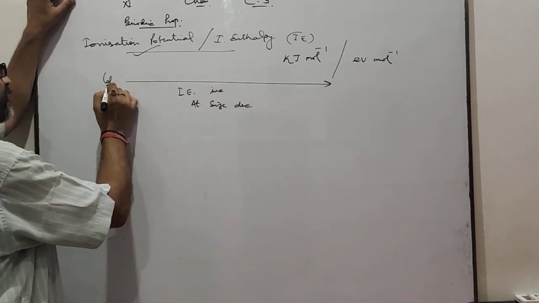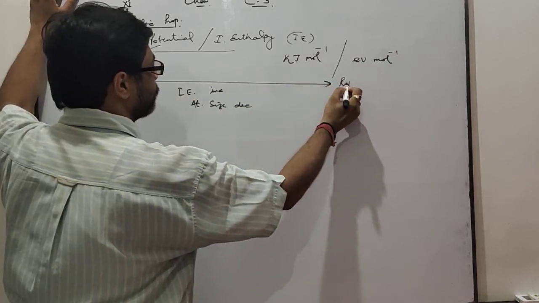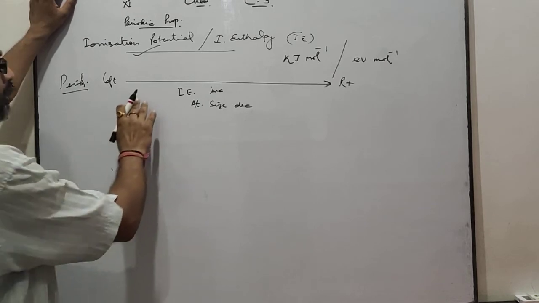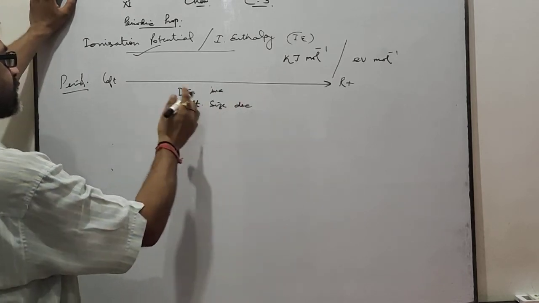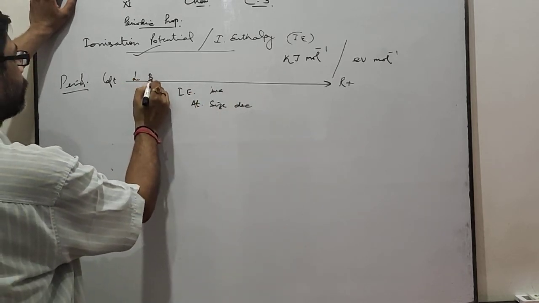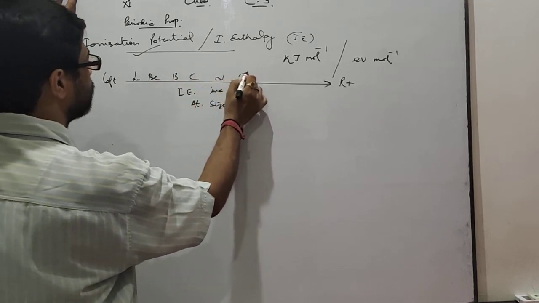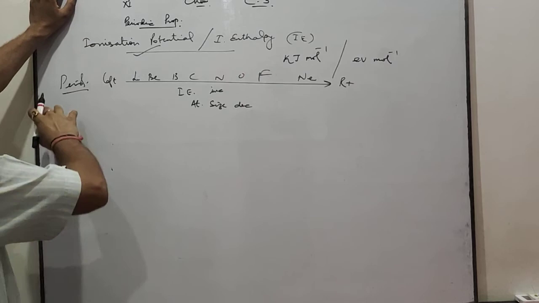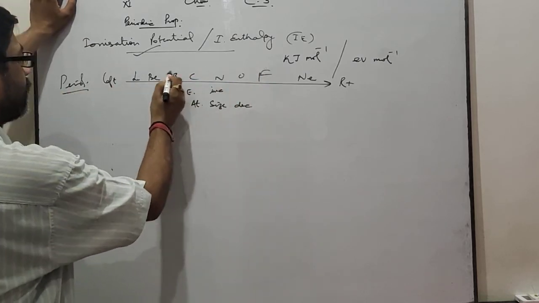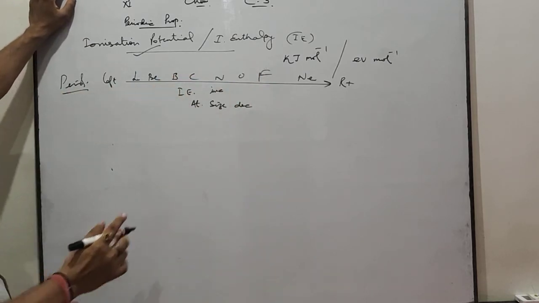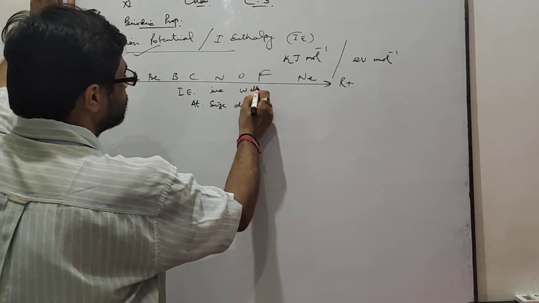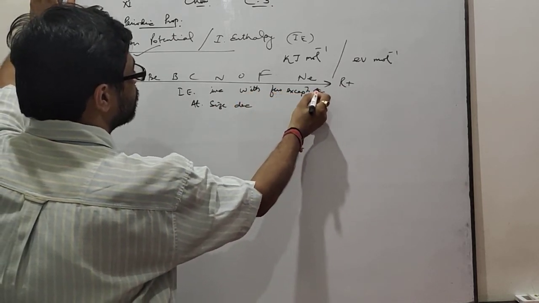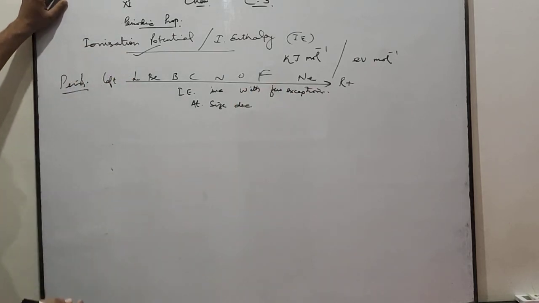On going from left to right within any period, ionization enthalpy increases, means Li, Be, B, C, N, O, F, Ne, and so on. In any period on going from left to right, ionization enthalpy increases with few exceptions. A few exceptions are also present, which I will discuss later.